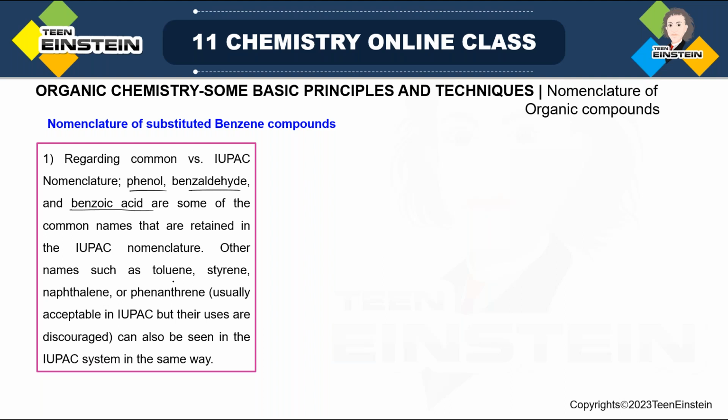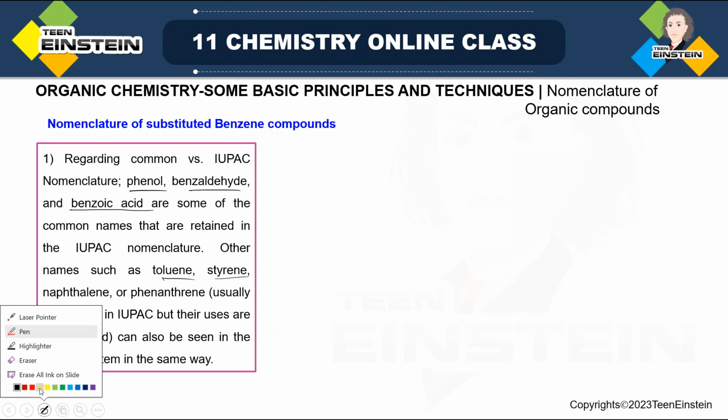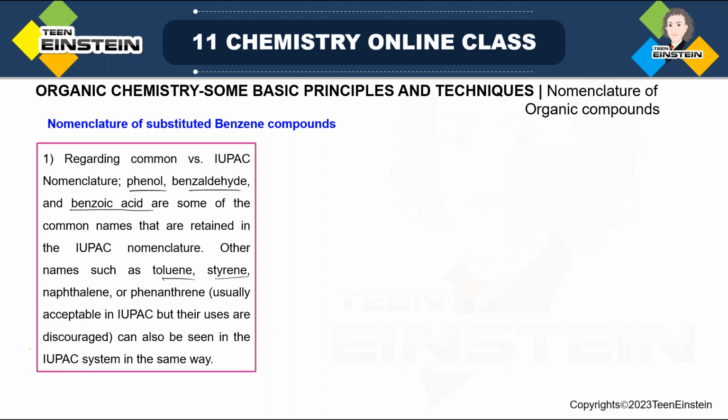But other names such as toluene, styrene, naphthalene, phenanthrene are usually acceptable, but nowadays their use is discouraged. So suppose when you are solving a problem, if all the options are given in common names, then it is okay. But if you see that one option is based on common and another option is based on IUPAC, then obviously go for IUPAC.